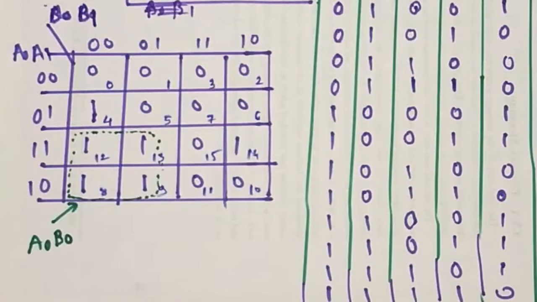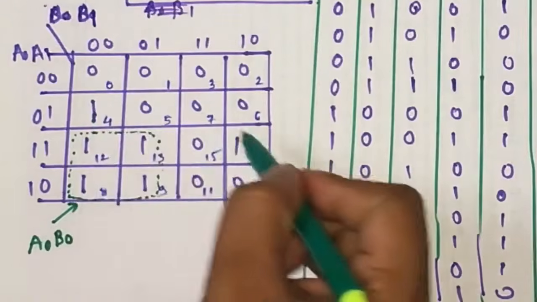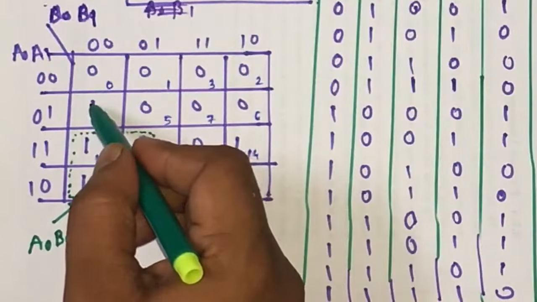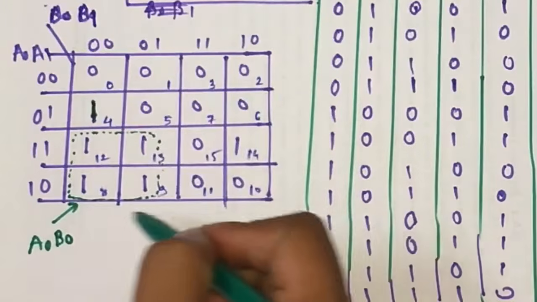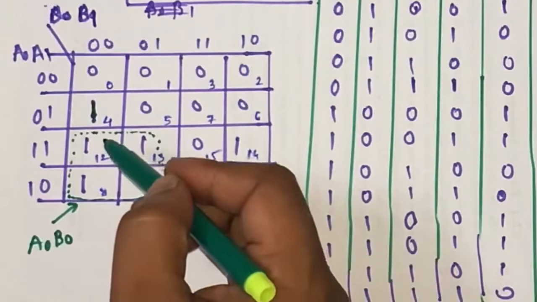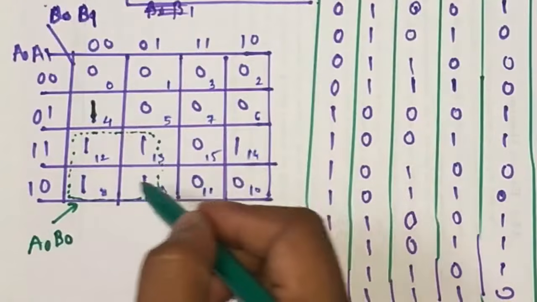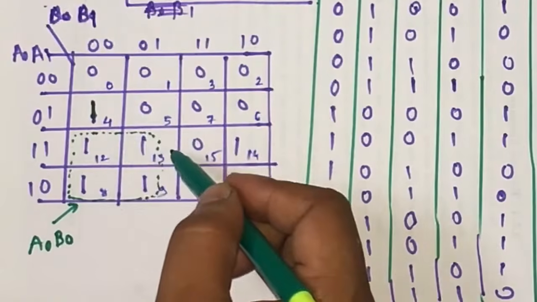Okay, after that consider the remaining ones. So here 2 ones are remaining, so I will check whether this one is fitted in any octet. There is no possibility. Whether the one is fitted in any quad.